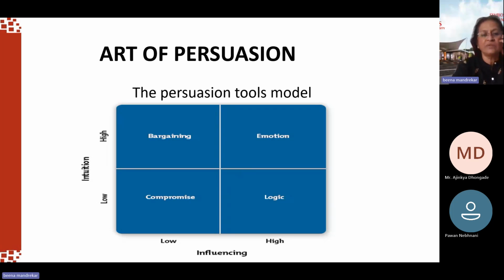And what are they? Look at it clearly. Four quadrants: bargaining, emotion, logic, and compromise. And the x-axis is influencing, and the other axis is intuition.